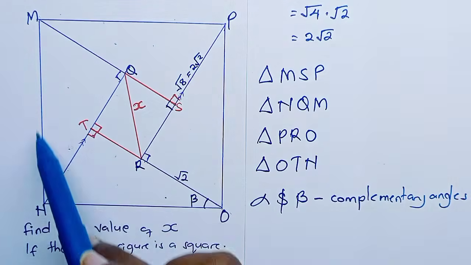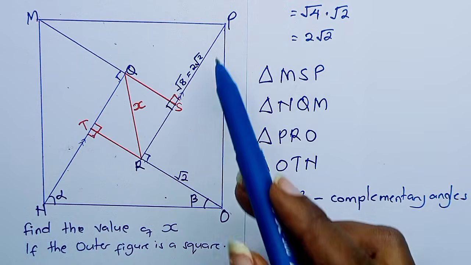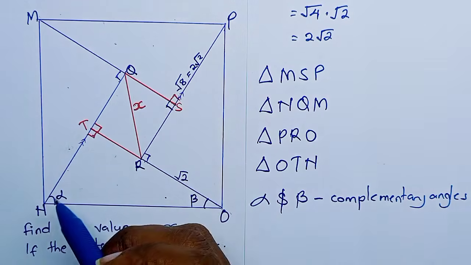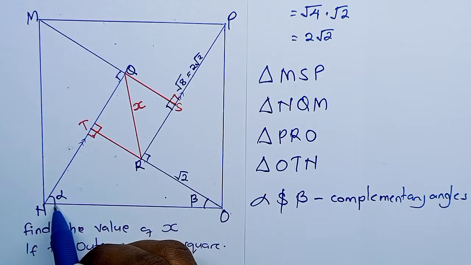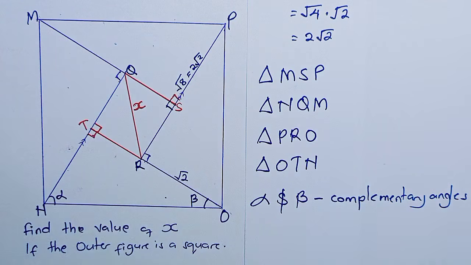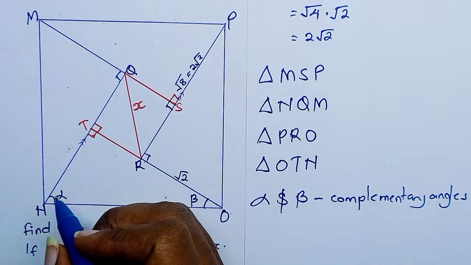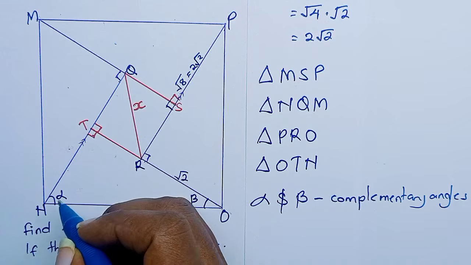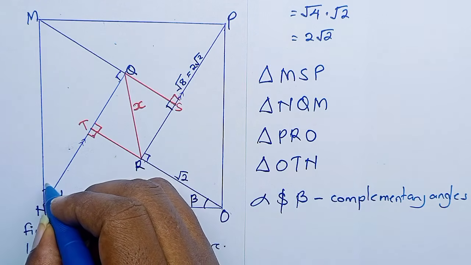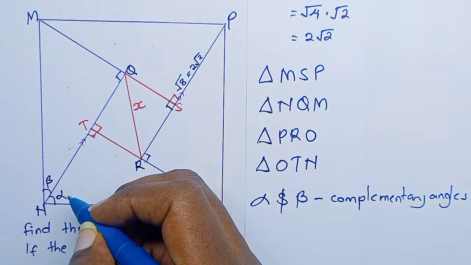Now, since this here is a square, that implies that this angle is 90 degrees. And if it's 90 and this is alpha, we saw that beta is the complement of alpha. So this here will be beta.